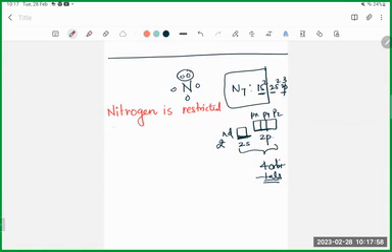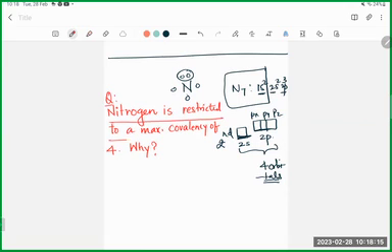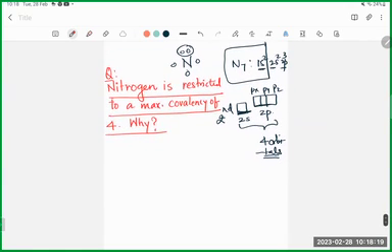So this is a very important question, and this is the reason I'm going to give. Nitrogen is restricted to a maximum covalency of 4. Why? This is the question. Hridaya, are you able to understand? So what is the reason? What are we going to write as the answer? I explain this on this basis.